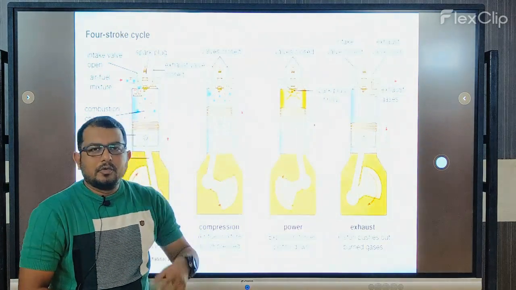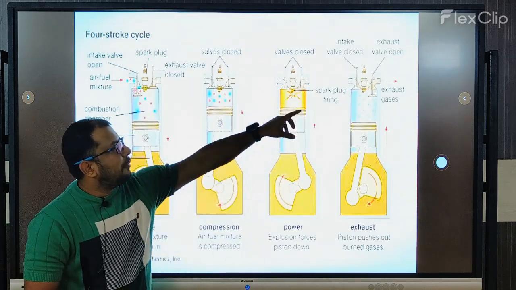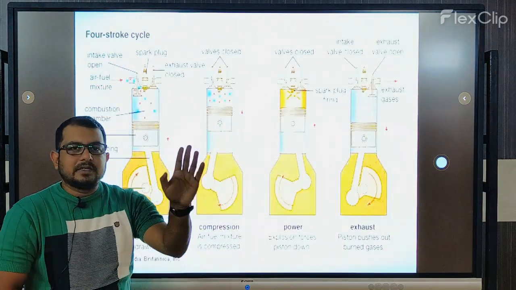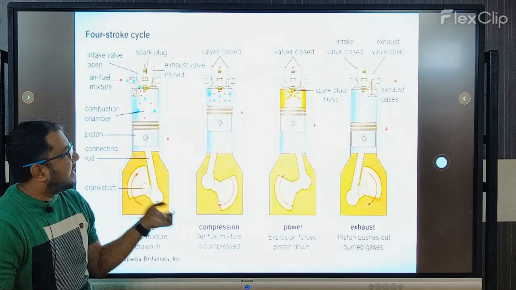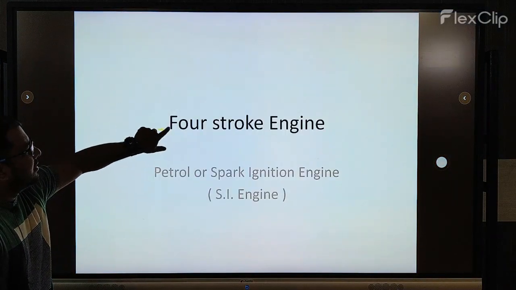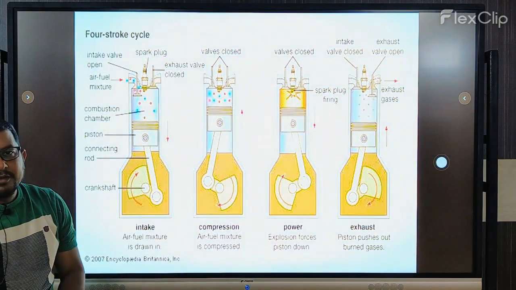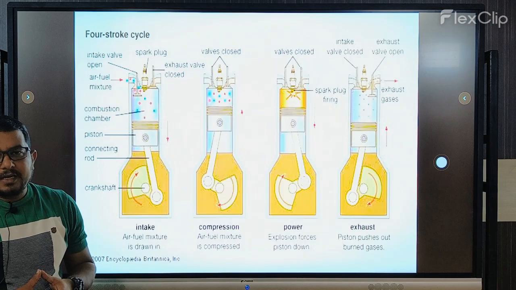In order to move these waste gases out of the cylinder, we open the exhaust valve so that the entire waste gas goes out, and in the next stroke the fresh charge comes inside the cylinder. So this is all about your SI engine, that is the spark ignition engine.